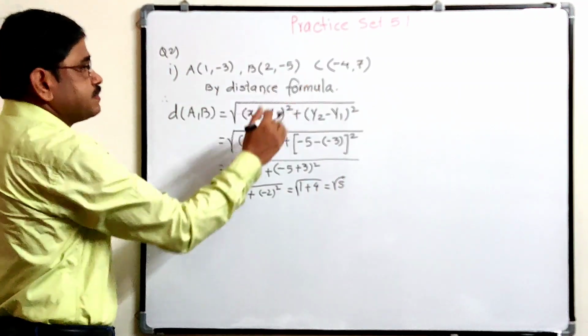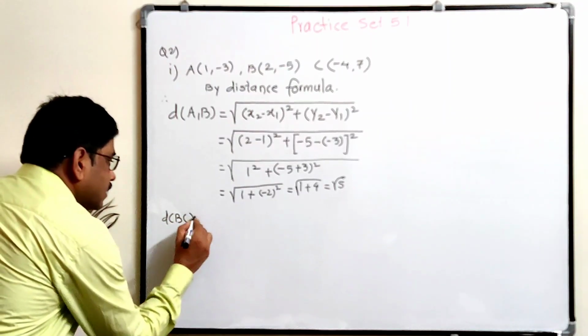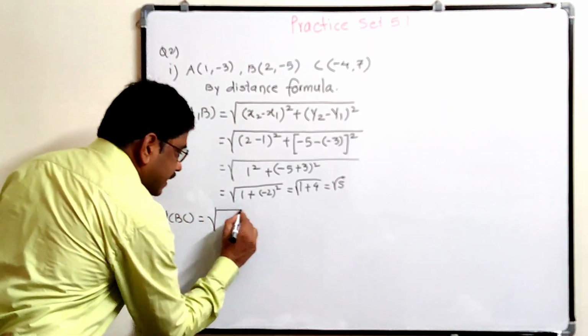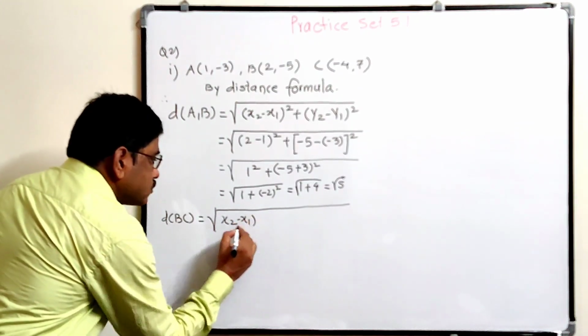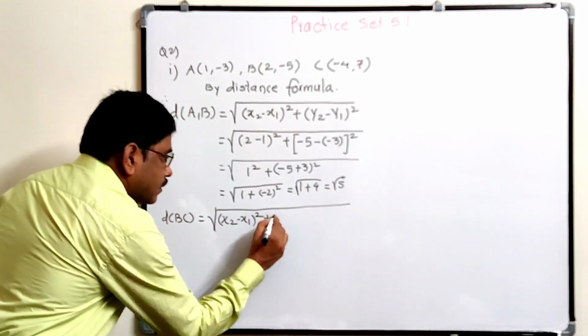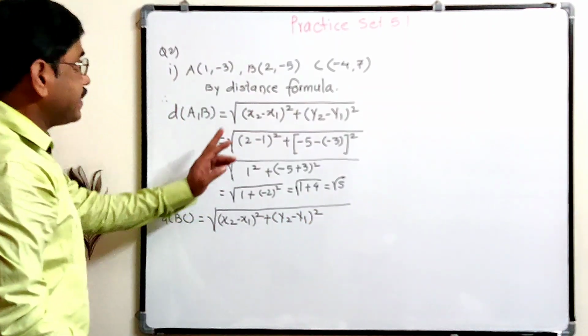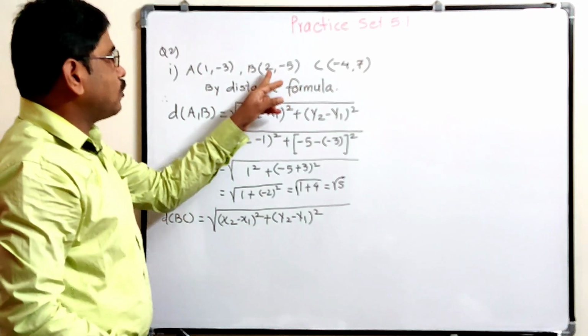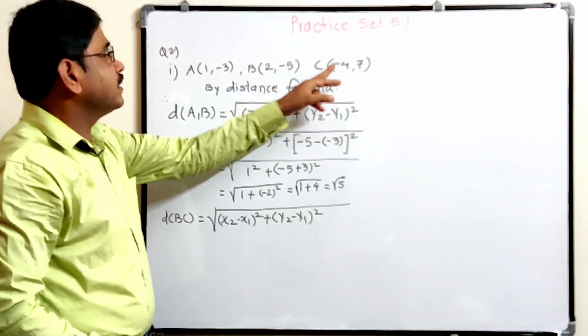Now find distance BC. Distance BC is equal to, for BC again write the formula, (x2 minus x1) square plus (y2 minus y1) square. Now for B and C, these are the coordinates. So this is x1, this is x2, y1, y2.